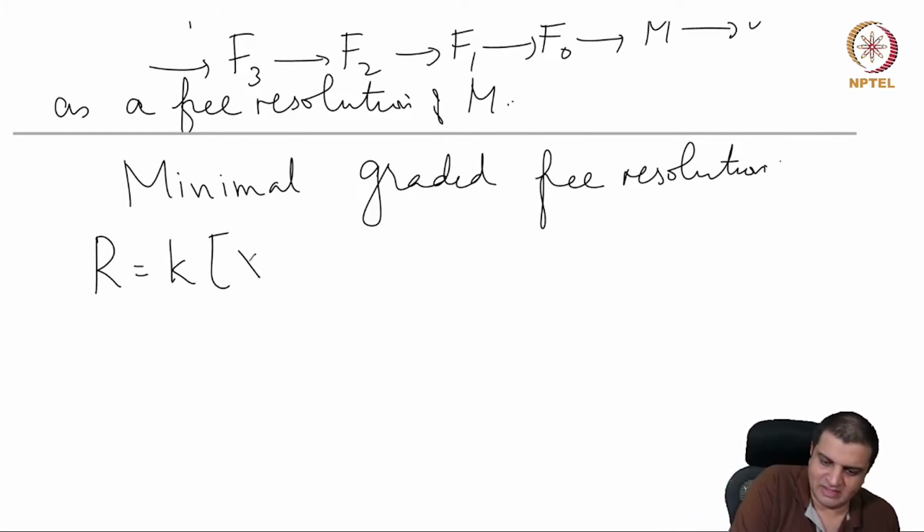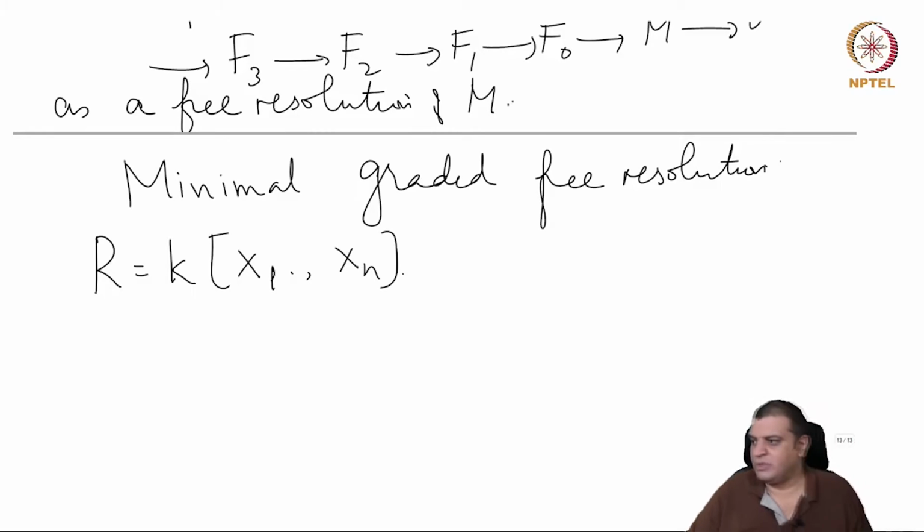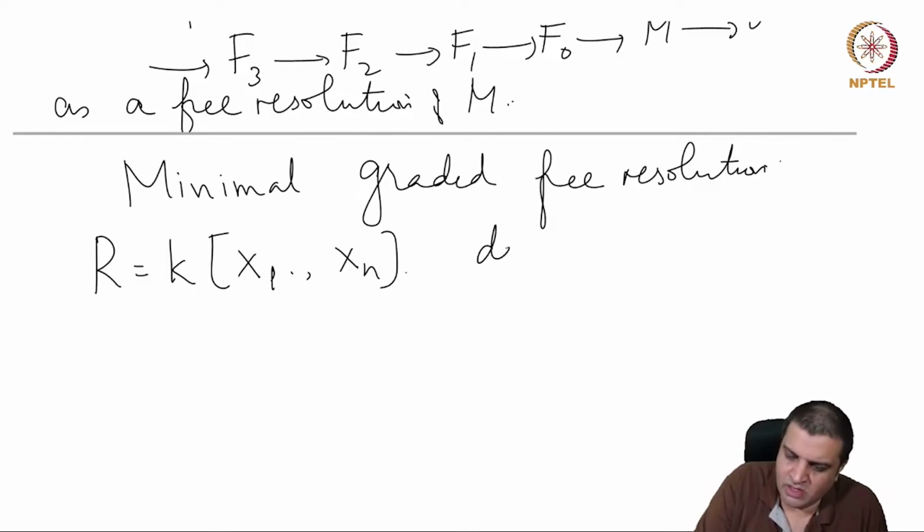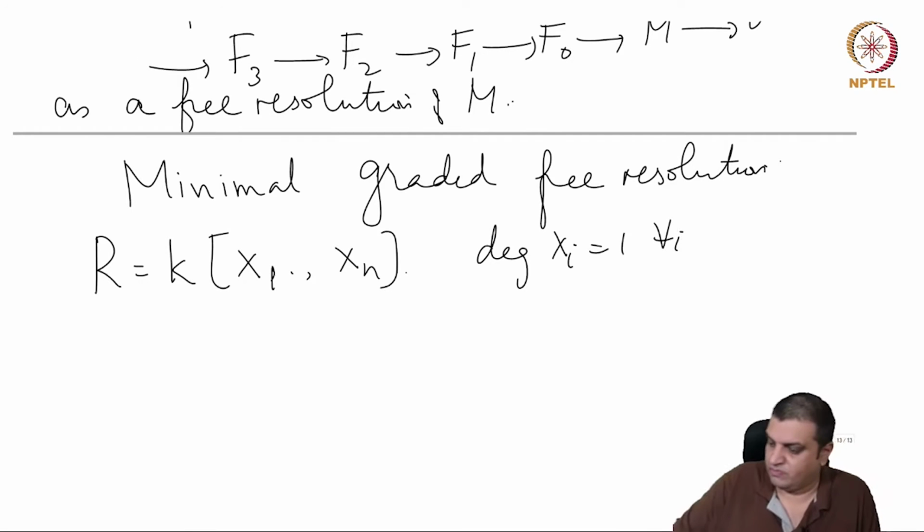We will restrict ourselves to the polynomial ring, but most of it will again work over graded rings in which the zeroth piece is a field, with finitely many generators, all of which have positive degree. But we will restrict ourselves to the specific situation.